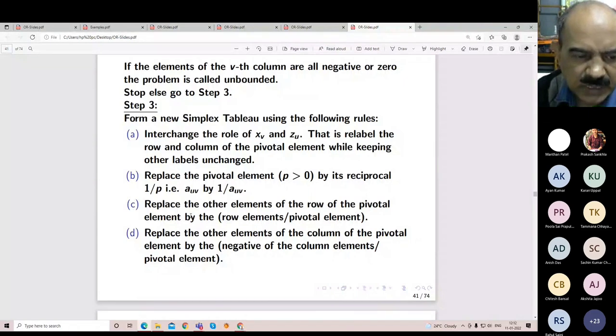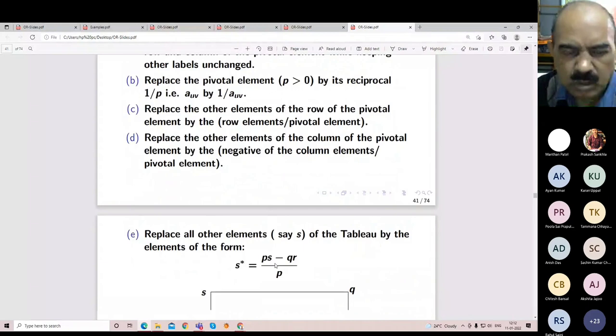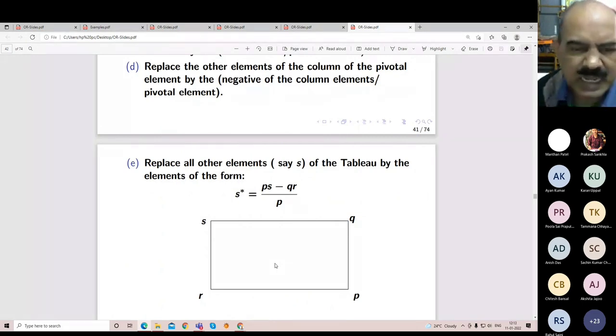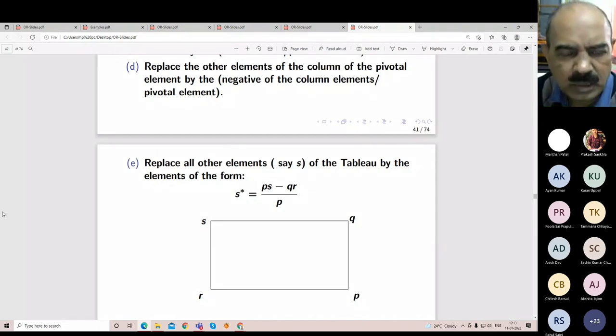Then we are moving to step 3D: replace other elements of the column of the pivotal element by the negative of the column element divided by the pivotal element. Finally, other than the pivotal element, the row elements and the column elements, there are several other elements. That we will compute in this manner.